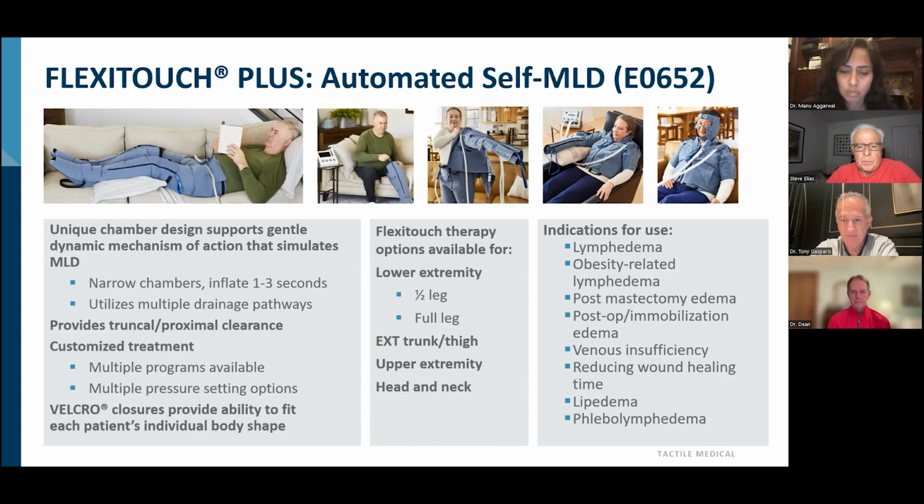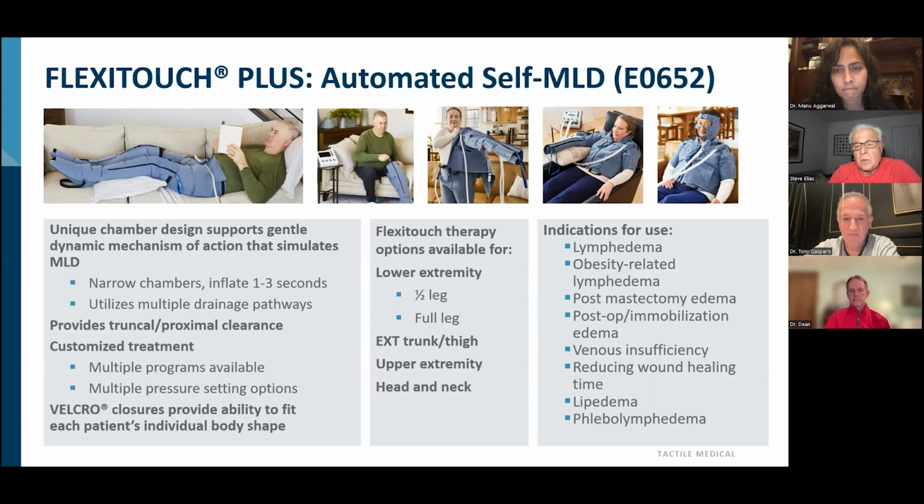And we'll get into how you decide and what type of help the reps from Tactile can give you in deciding how to program the Flexi Touch. It takes a lower extremity, half a leg, a full leg, and trunk, thigh, upper extremity, and also head and neck. The indications here are a little bit longer than the Entre Plus, and you can read them as well as I can.